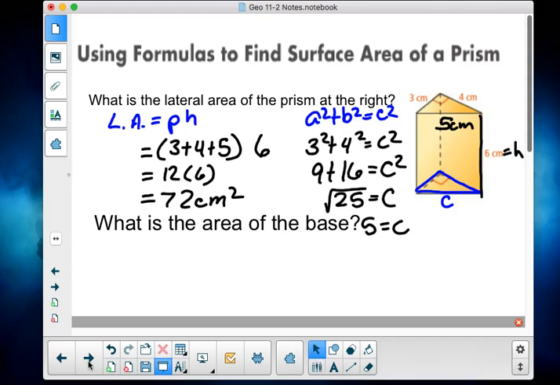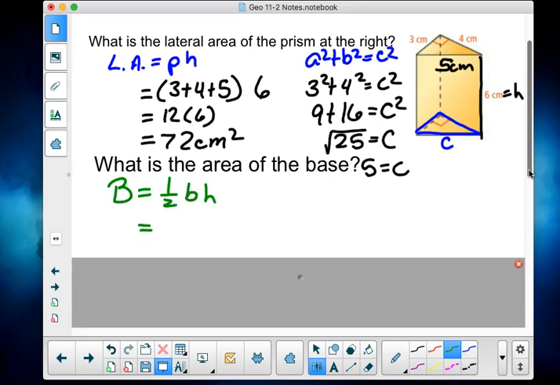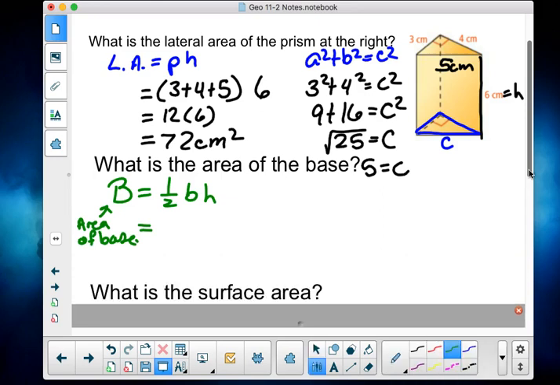Okay, now they want me to find the area of my bases. So my two bases, my base area, big B, happens to be 1/2 base times height. Remember, that represents the area of the base, and I pick the formula based on the base's shape.